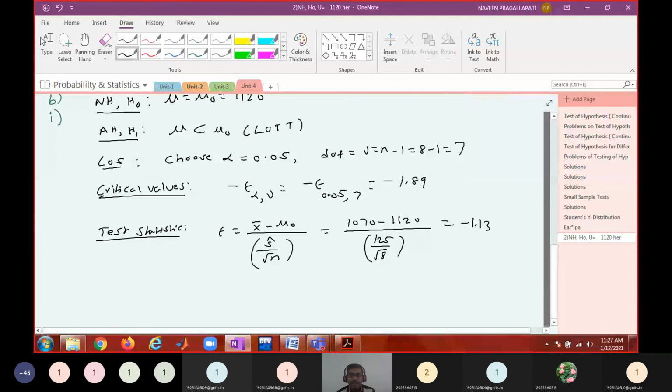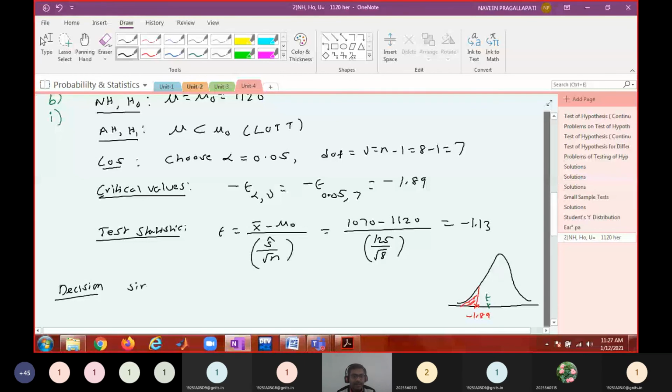So the critical value is minus 1.89. Again, minus 1.13 is falling in the non-rejection region. So decision.